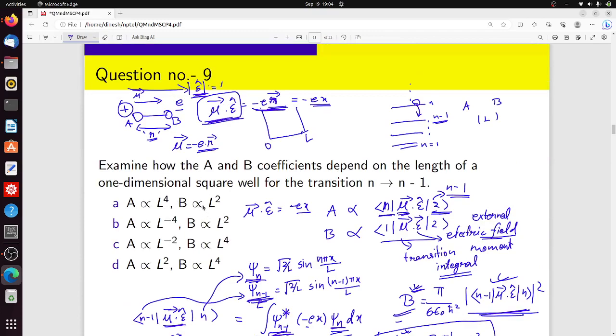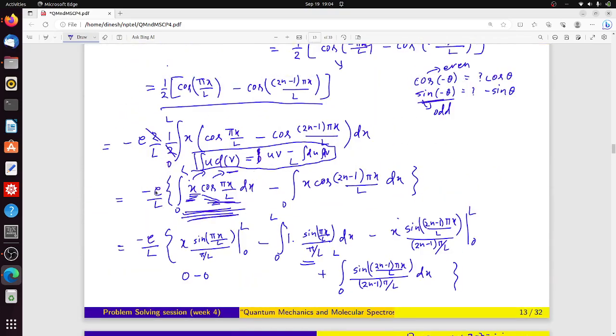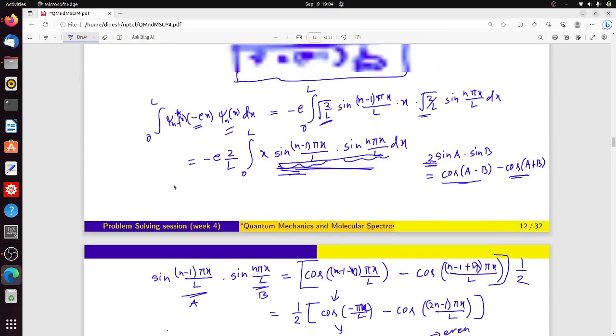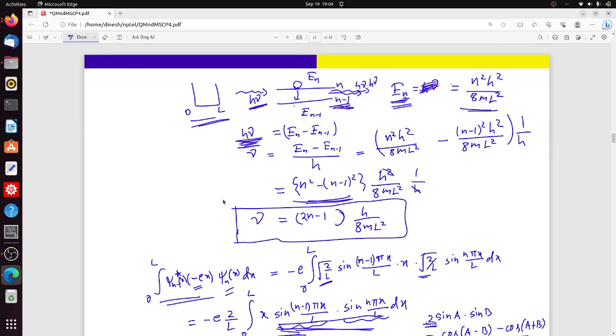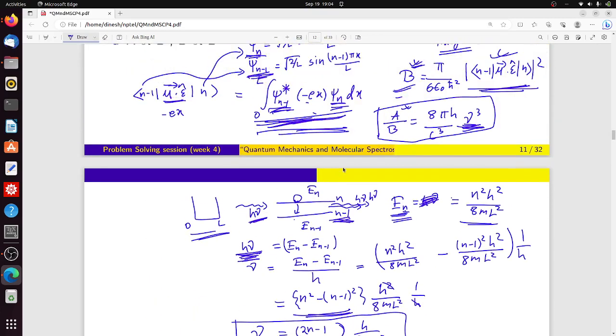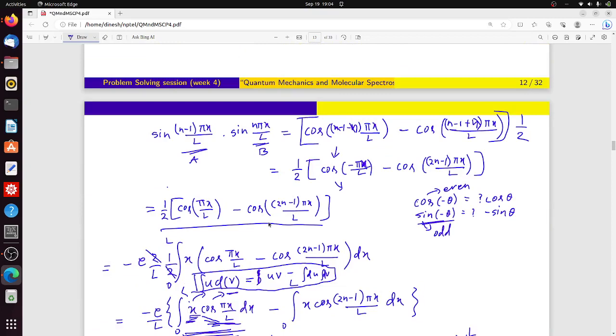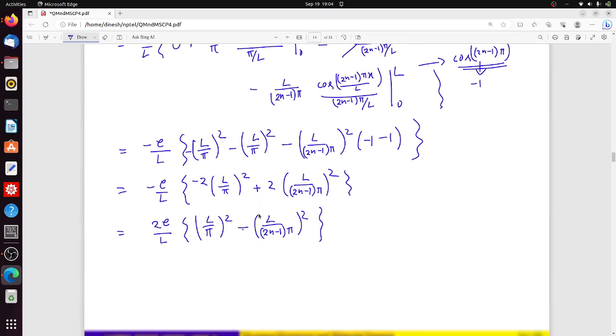So what is there in the question? We have to find the L dependence of the A and B coefficients, right? So we are solving for this integral part. Then if we put this integral here, we will get the B value. These are all constants. The L dependence comes from here, so I should not bother about writing all the constants.